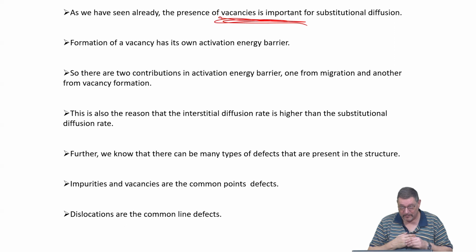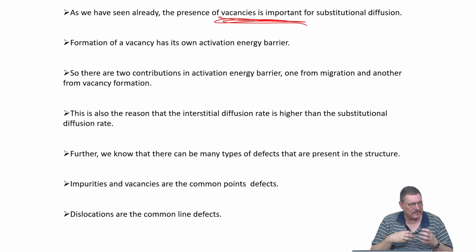But, big but, there are always some vacancies present, right? This is again dictated by thermodynamics because of the mixing entropy between quasi-particles and particles. But you often need more than the equilibrium concentration of vacancies in order to have enough sites for substitutional diffusion.